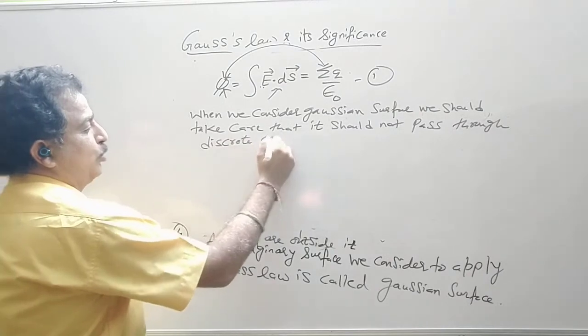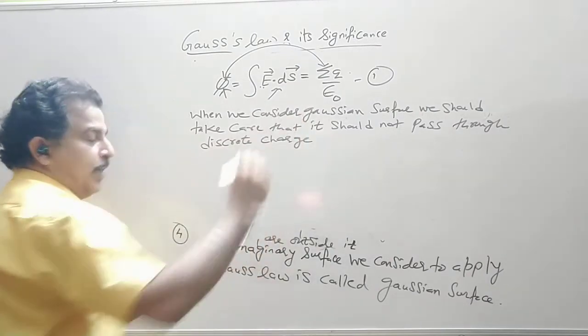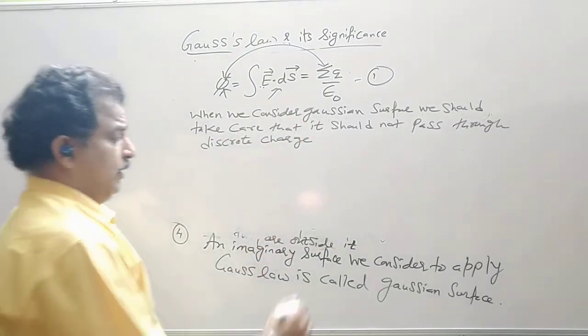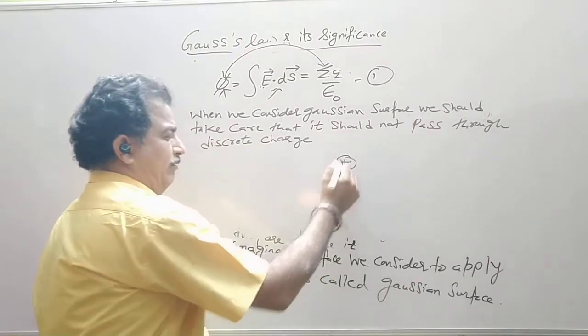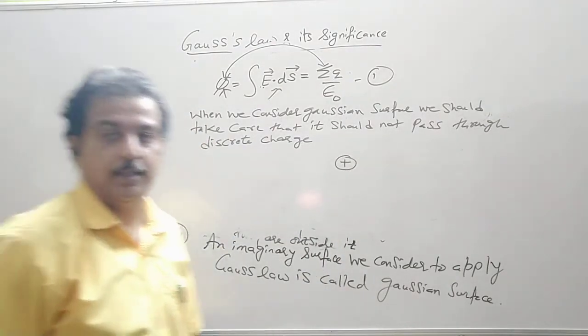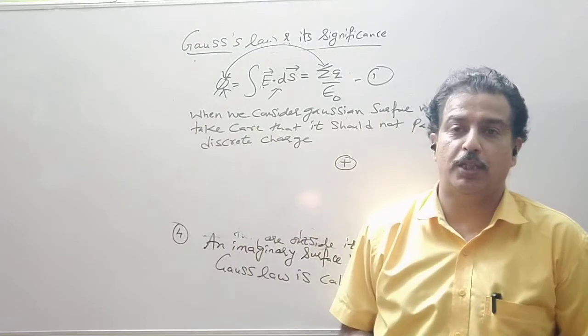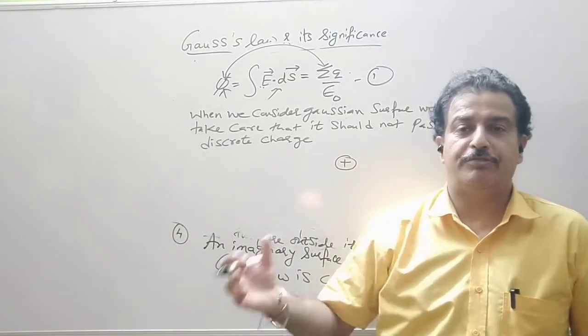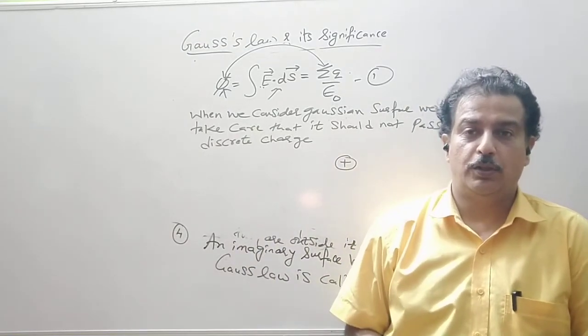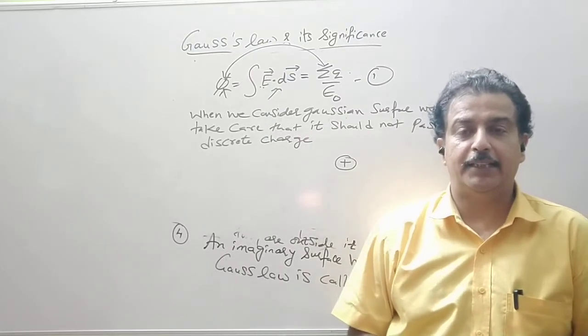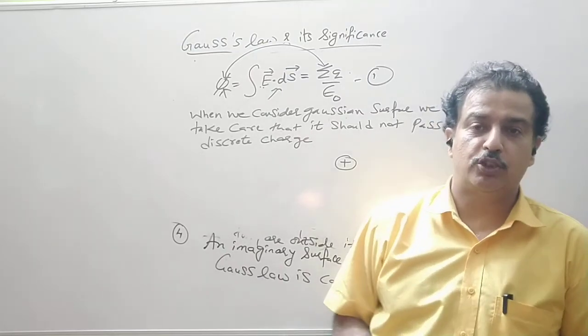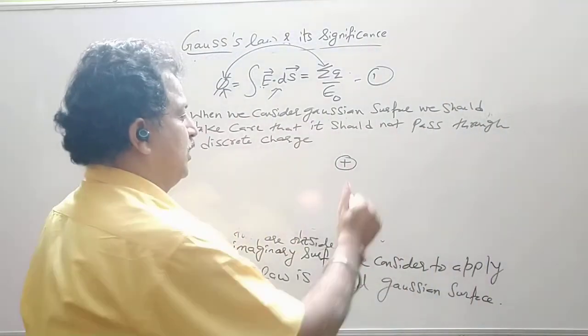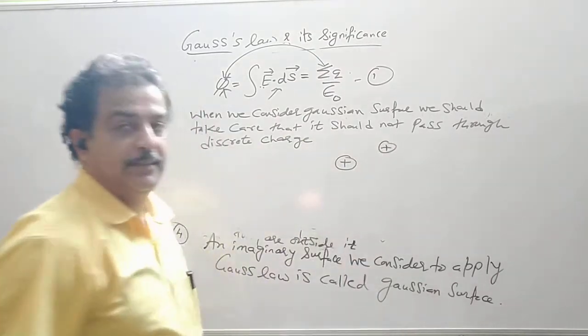Discrete charge means one, two charges, few charges, and continuous charge distribution is when the number of charges tends to infinite and distance between the charges tends to 0. So suppose these are the discrete charges, say 2 charges.